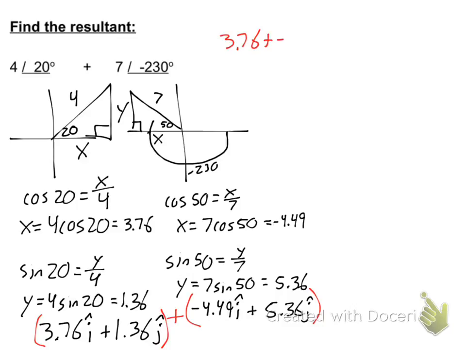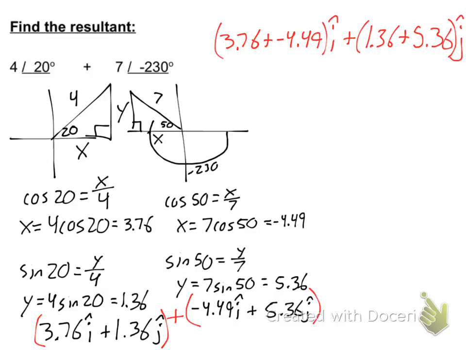It means that 3.76 plus a negative 4.49 i hat plus 1.36 plus 5.36 j hat. I'm just adding the i parts together, the j parts together, or the x's and the y's.